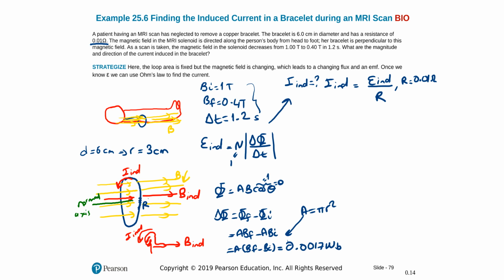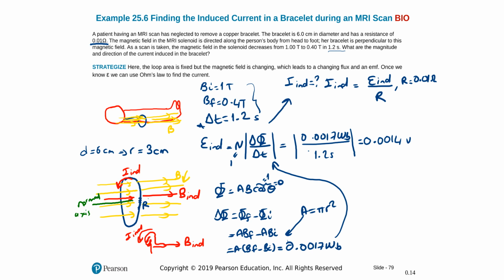That's our flux change. Now inserting that here, N is 1, we will have 0.0017 Weber over the time, which is 1.2 seconds, right? Given here, or we wrote it down there, 1.2 seconds. That will give us an induced EMF of 0.0014 volts, or that's 1.4 millivolts. Input that in here.